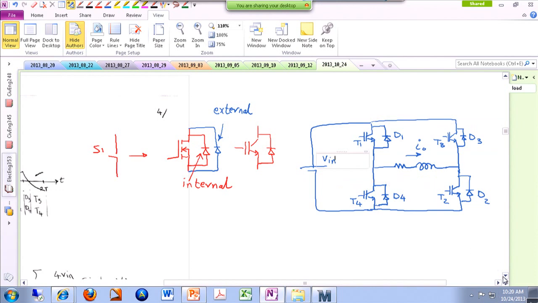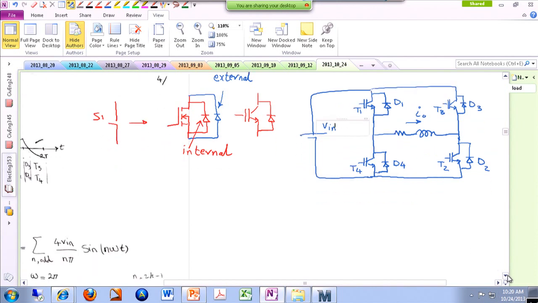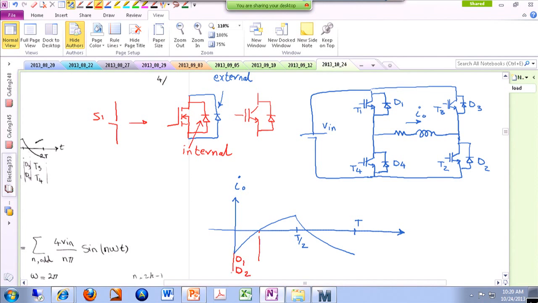So you can actually look at this and say, okay, I'm looking at, for instance, my output current, which looks like this, okay, in one period. Okay. When the output current is negative, but still remember we are in the first mode, so there should be conduction for S1 and S2. That means D1 and D2 are on. So from here to here, D1 and D2 are the ones that are on.